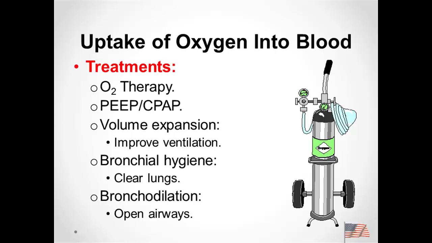We'll do things like improving their tidal volume by having them take deeper breaths to improve ventilation and reduce the amount of atelectatic areas. We'll do bronchial hygiene to clear secretions that may be blocking the airways. And we talked about bronchodilation. I know you know all about sympathomimetic adrenergic agents.